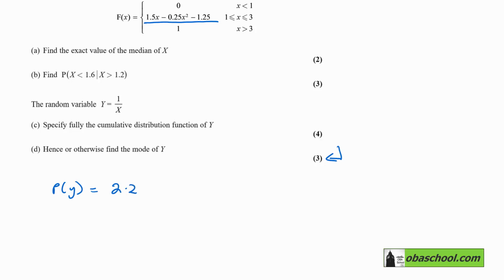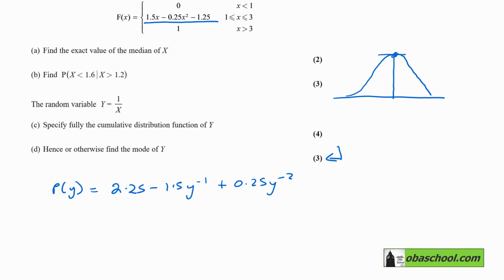And it was 2.25 take away 1.5 y to the negative 1 plus 0.25 y to the negative 2. Now, we know that this distribution went between 1/3 and 1. We don't know what shape it is. Let's just assume it's that shape. The mode is going to be the top. So we're trying to find the maximum there.